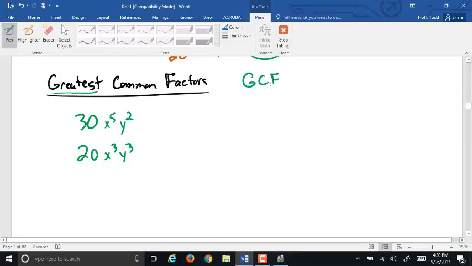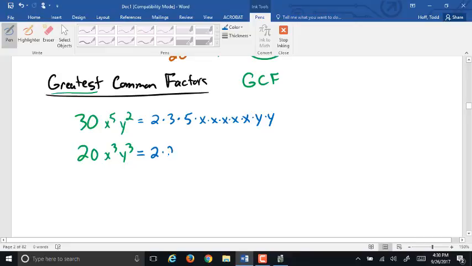If we're looking for greatest common factors, they are basically what we are canceling out in these fractions. We factor the 30, it's 2 times 3 times 5. Of course, the x to the fifth is just 5 x's. The y squared is 2 y's.